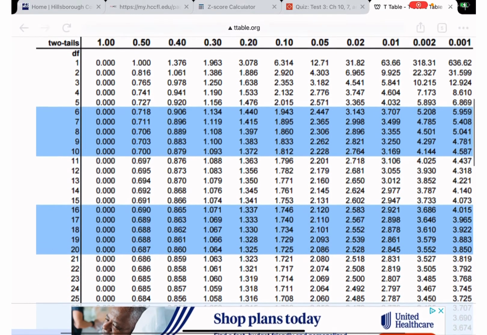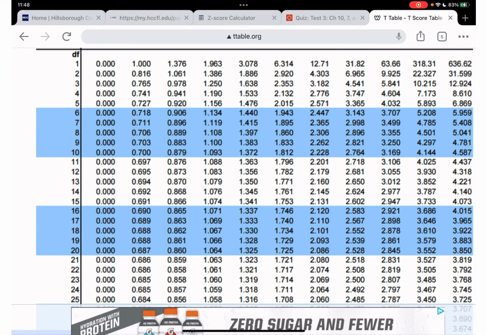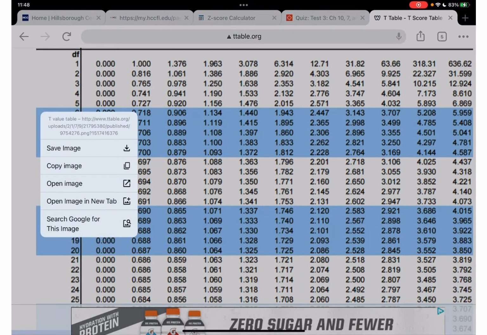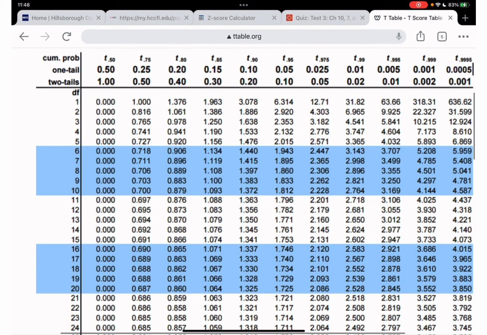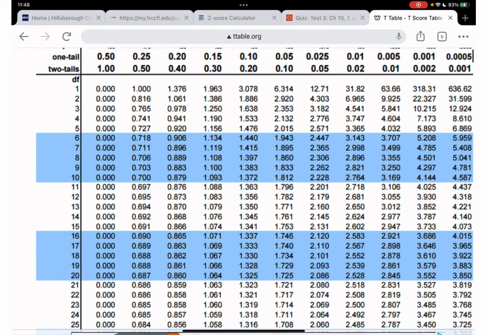I'm heading horizontally to alpha, which is 0.01, one tail, here it is, 0.01. I'm coming down to 22, 2.508.